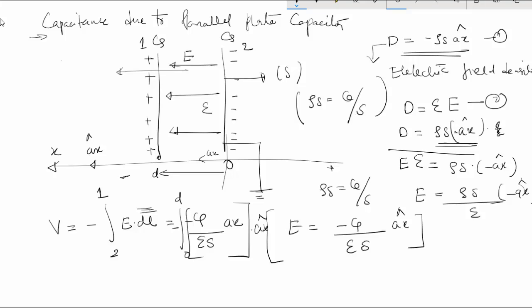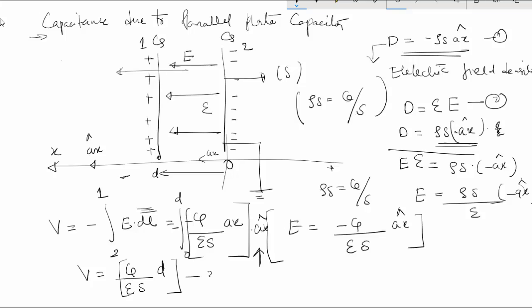So my V is equal to Q d upon epsilon S. This is the equation I get after solving this.